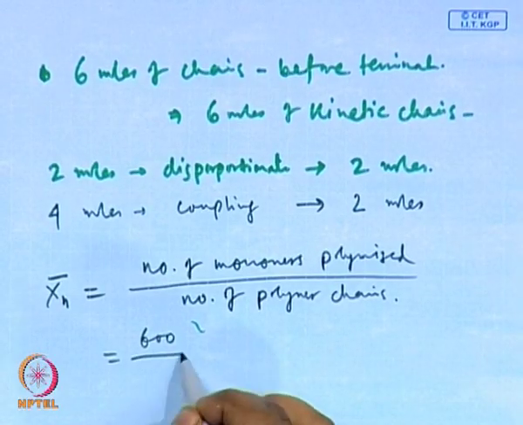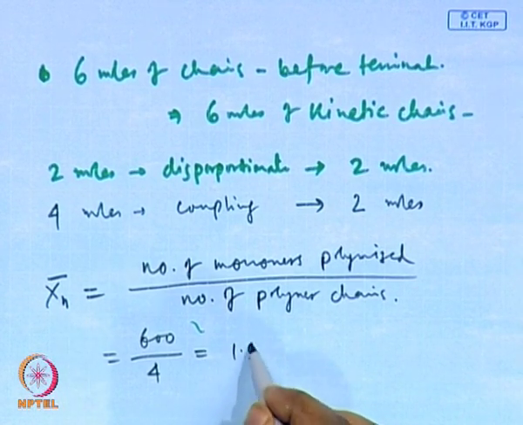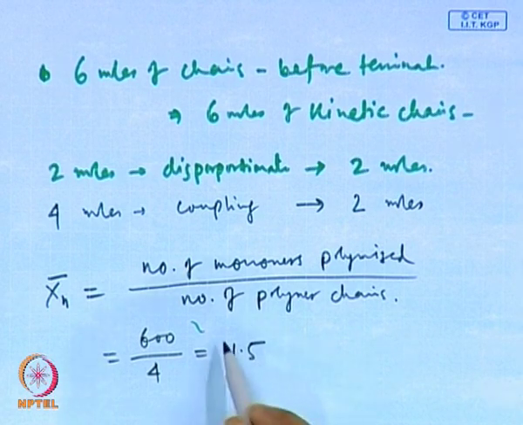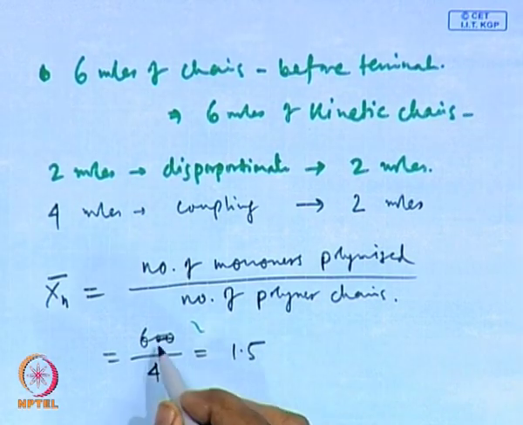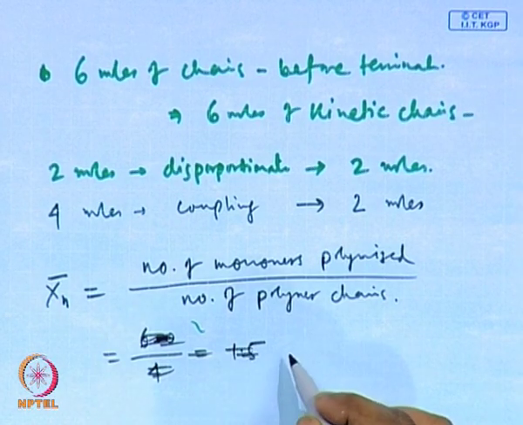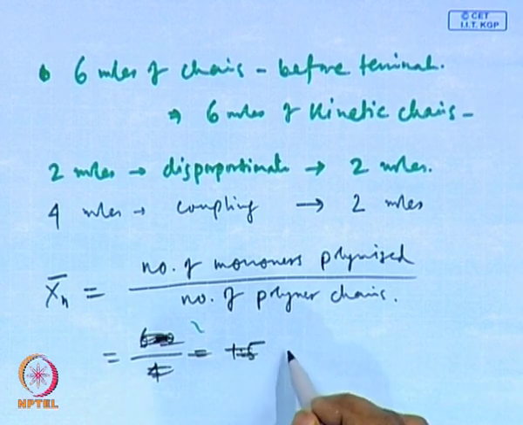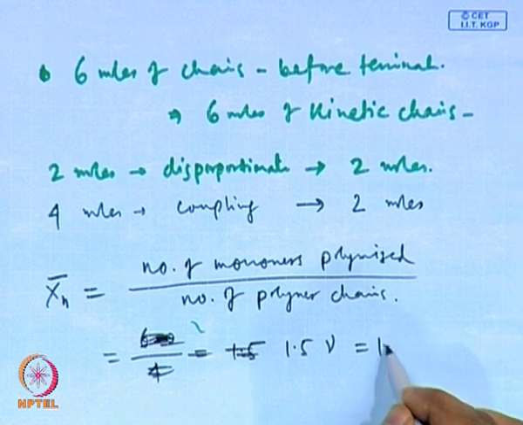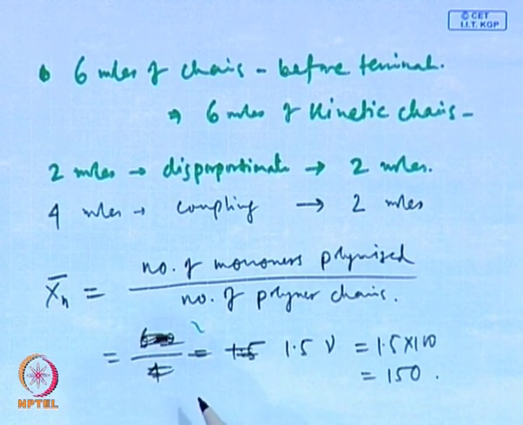So, that is 600 by 4, which is 150. So, that is 1.5 nu, which is 1.5 multiplied by 100, 150.